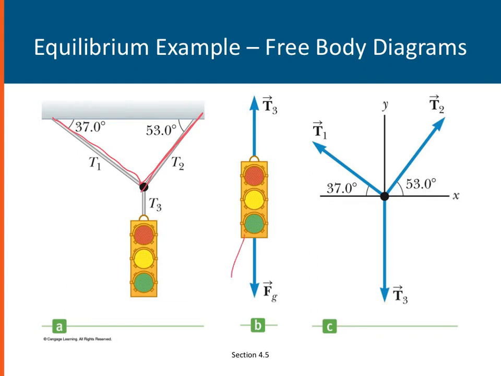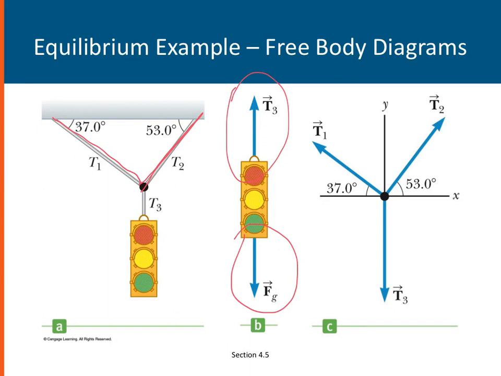Naturally, we have gravity pulling on the stoplight. But we also have this tension number 3, that is pulling up on the stoplight to keep it in equilibrium. So since this stoplight isn't moving, at least we hope not, otherwise it'll be falling on a car or something, then these two forces have to be equal because those are the only two forces acting on the stoplight.